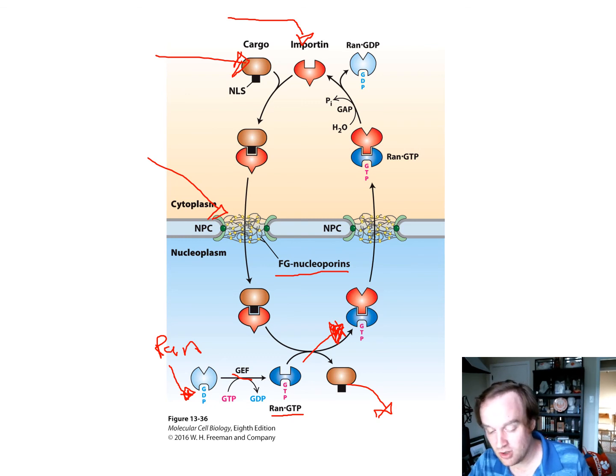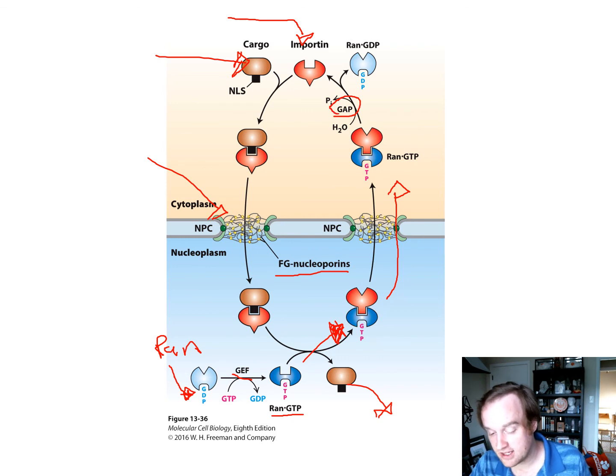And so now importin and this RAN GTP go back through a nuclear pore, interacting with the FG nucleoporins to get through. And on the outside here, this RAN GTP is hydrolyzed by this GAP protein.